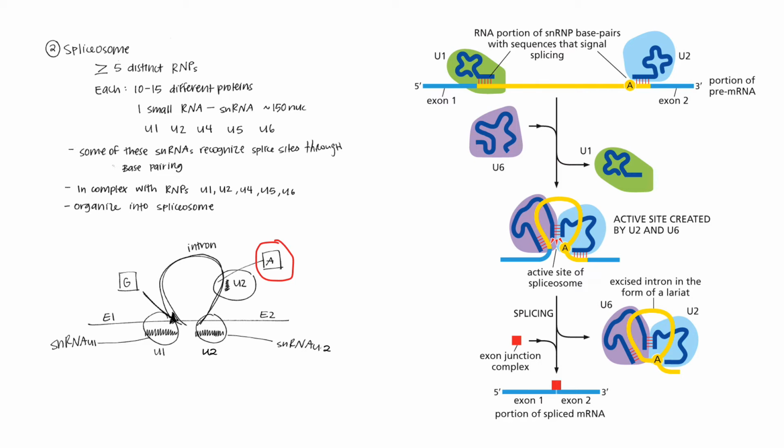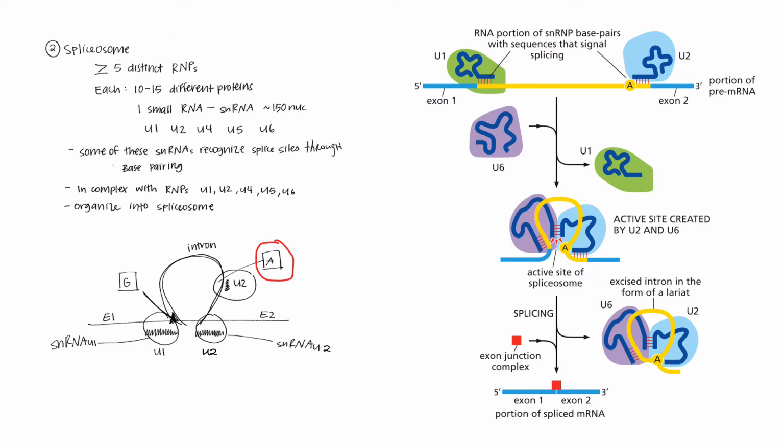But the bottom line is that these things are positioned in such a way that the adenine that's in the intron, the reactive 2' hydroxyl of that adenine, is in such close proximity to the exon 1 intron boundary that the 2' hydroxyl cleaves the phosphodiester bond between that last G in the exon and the first nucleotide of the intron, and makes a new phosphodiester bond between the 5' end of the intron and that adenine at the 2' hydroxyl.